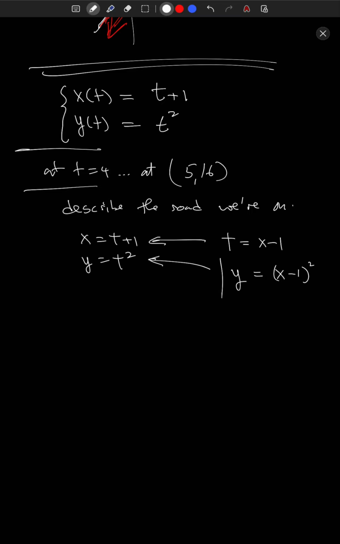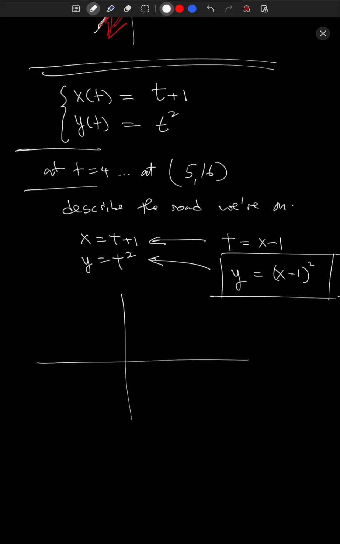This guy here describes the road we're on. And what is that? Hopefully we recognize that's a parabola that's been shifted to the right by 1 step, like that, very roughly. So this is the road. Again, y equals x minus 1 squared only describes the road.